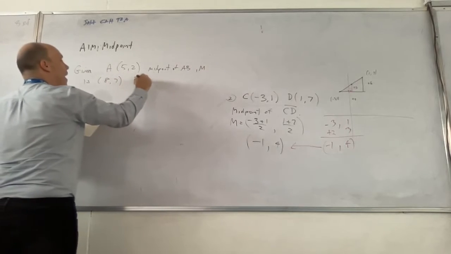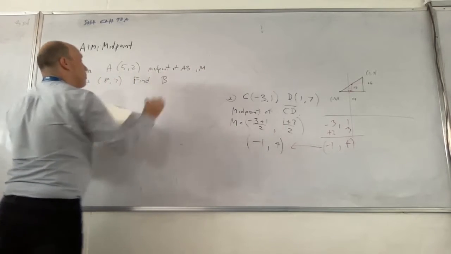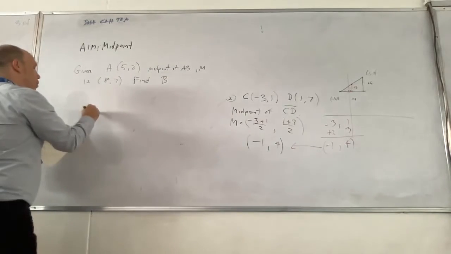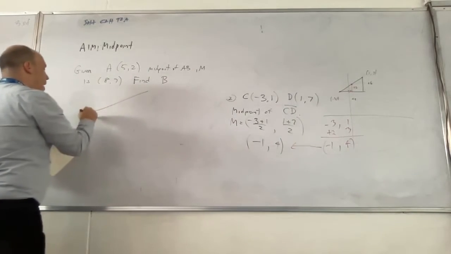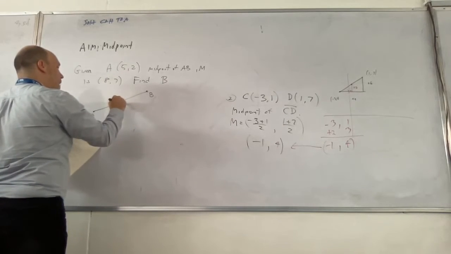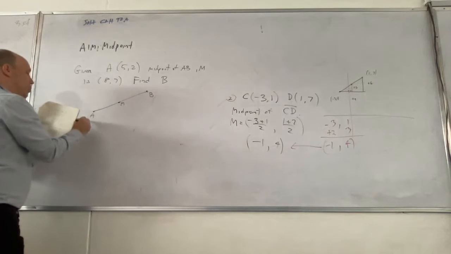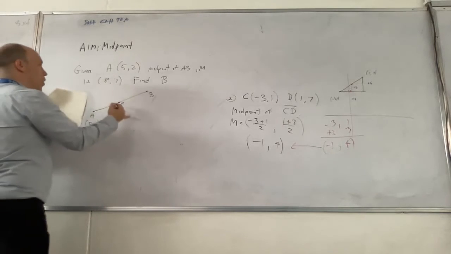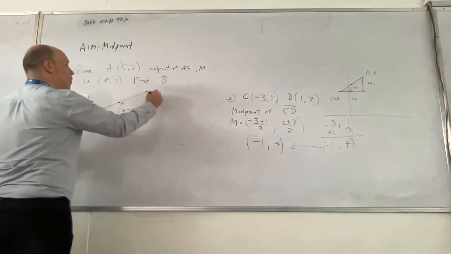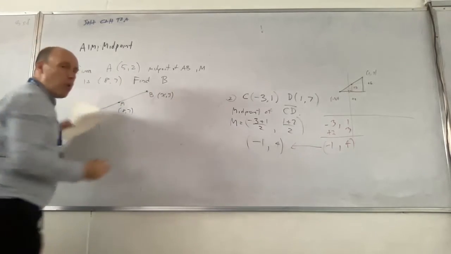We're asked to find B. Once again, maybe we'll make a picture. So you start here, we have A, we have B, and we have M. We know A is 5, 2. We know M is 8, 7, but we don't know what B is. We're just going to call that x, y.